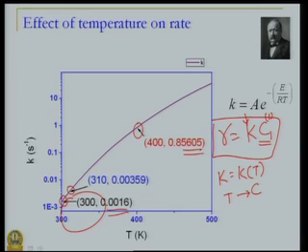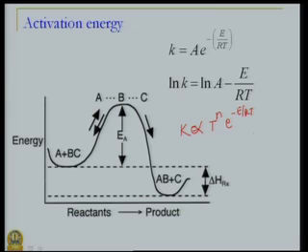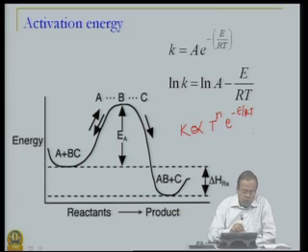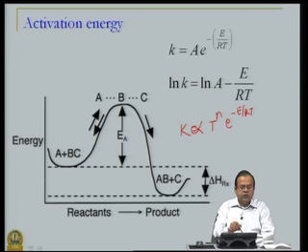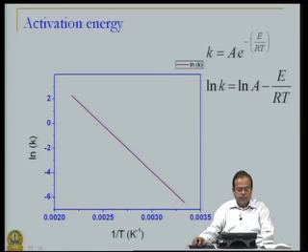Now, coming back to our activation energy complex, if we say that this is a barrier, higher is the barrier, higher will be the energy that will be required and lower will be the rate constants. What is activation energy?